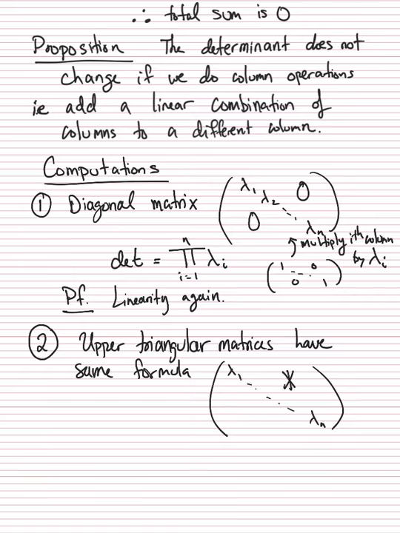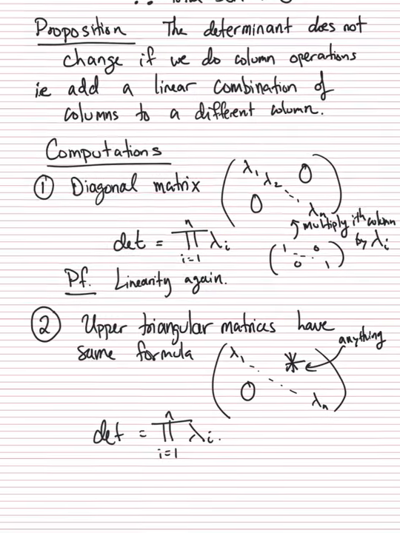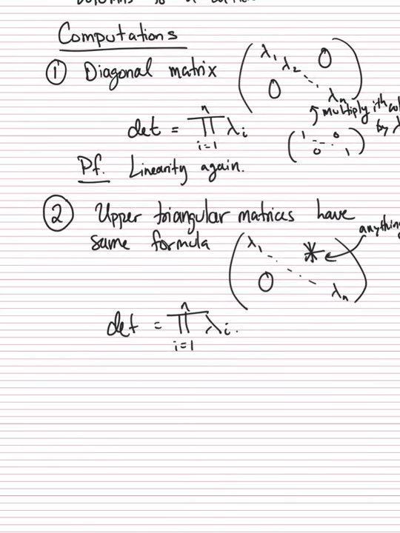and now the entries above are allowed to be anything, and everything below has to be 0, then we get the determinant again is the product of the lambda i's. So how do you see this?